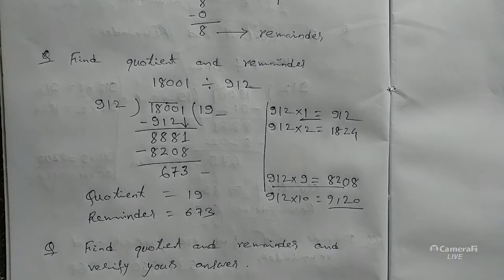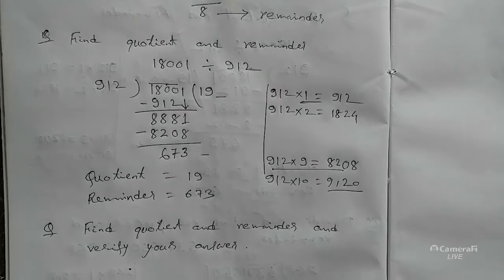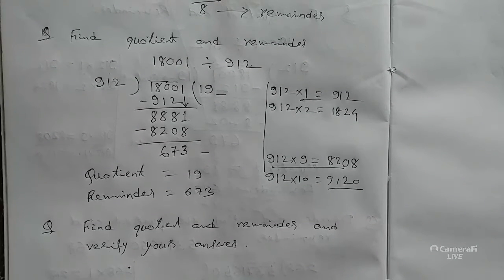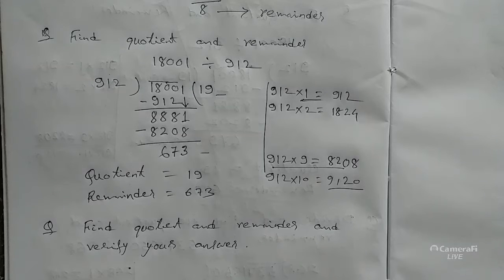Verify your answer means whatever quotient and remainder you are getting, whether it is correct or incorrect, you have to check yourself. So first we have to find the quotient and remainder.